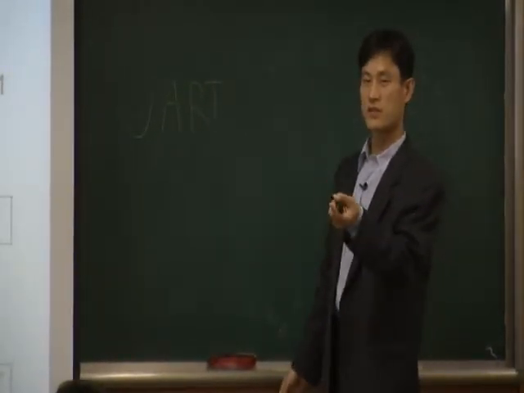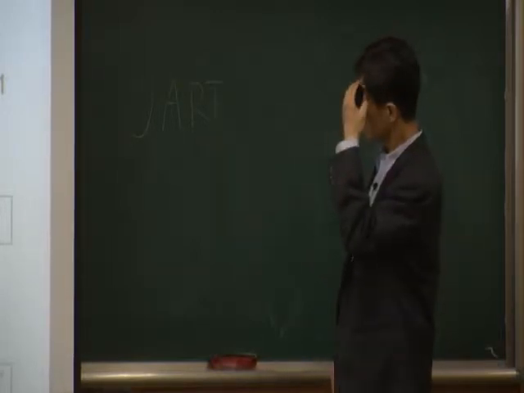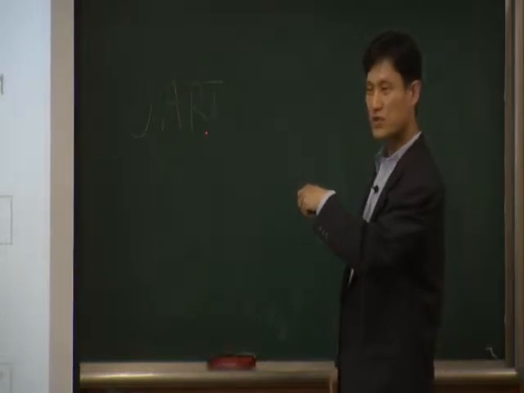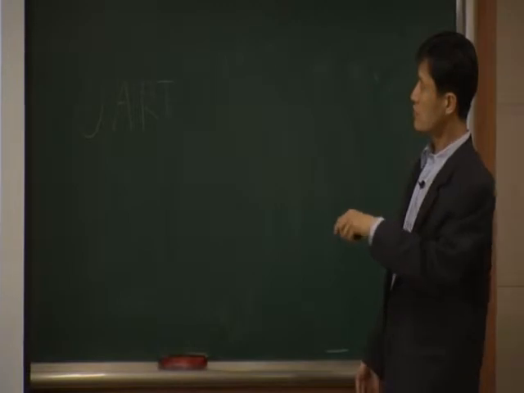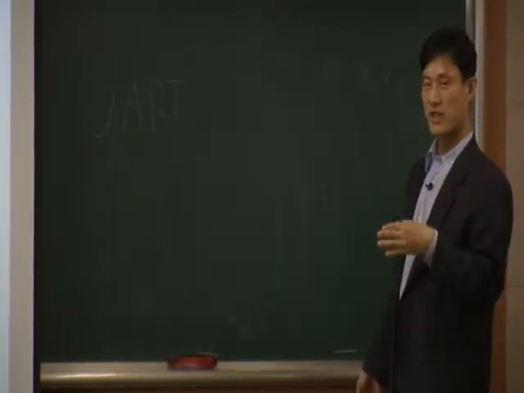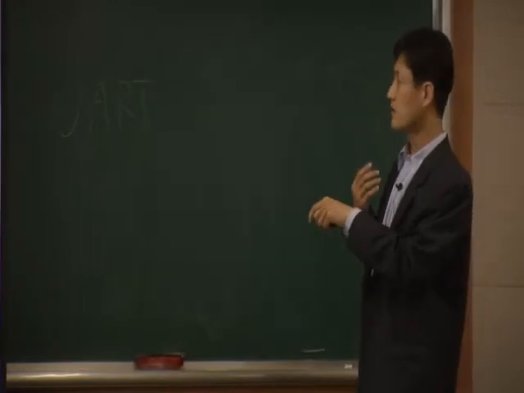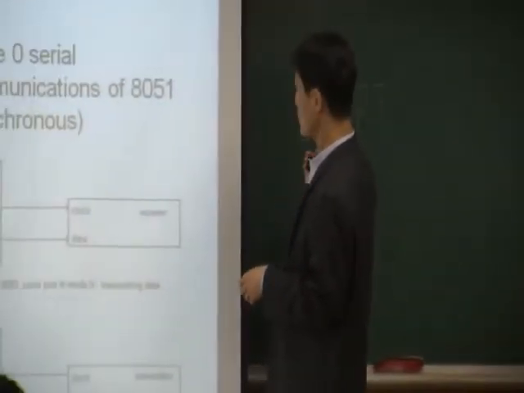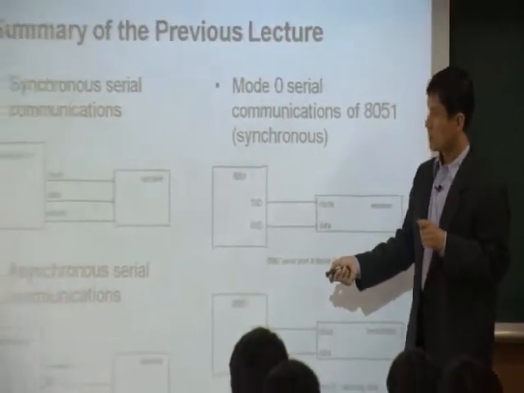If you go to industry, everyone just calls this a UART. Universal Asynchronous Receive and Transmit, I think that's probably what it stands for. So UART is a general terminology that everyone uses. You probably want to remember this terminology, UART. When we talk about UART, typically we call this asynchronous serial communications.